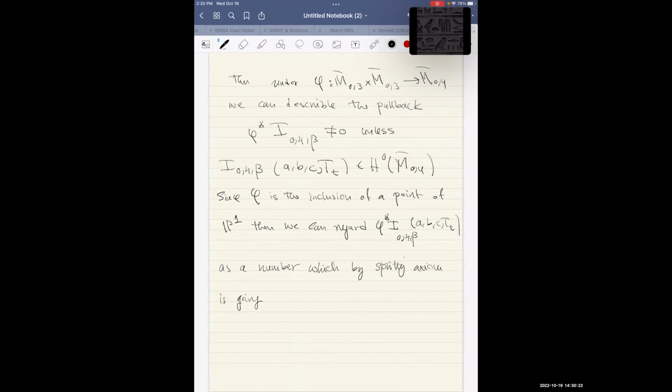So the pullback of that Gromov-Witten class is going to be exactly, by splitting, the product I03 beta 1 A, B, T_R times I03 beta 2 T_S, C, T of T, whatever we had over there. Okay, so that's it.